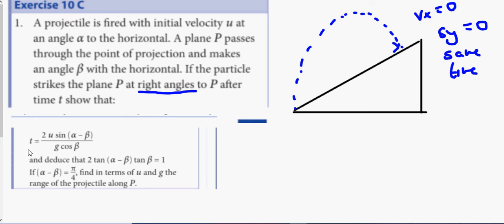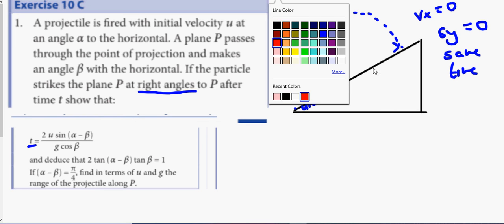We need to find the t value. Then once we find the t value, we need to create this equation here. So let's do that. Everybody happy with angle alpha? And the usual u cos alpha and u sine alpha for the projection? Next thing I need to do is make my gravity triangle.